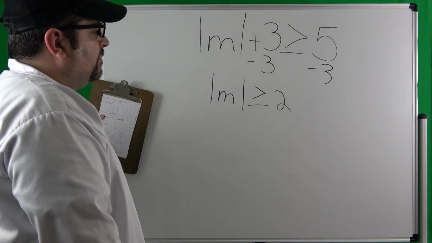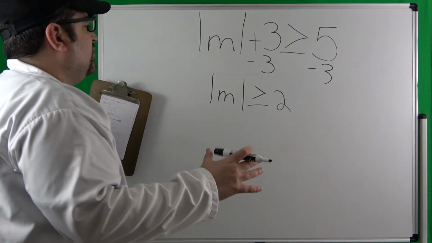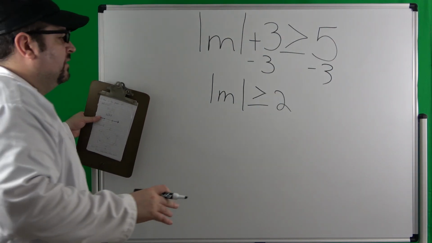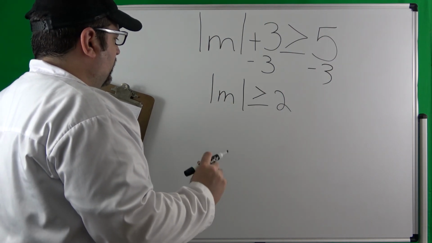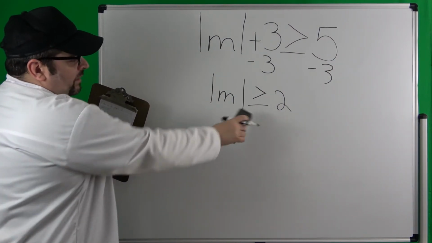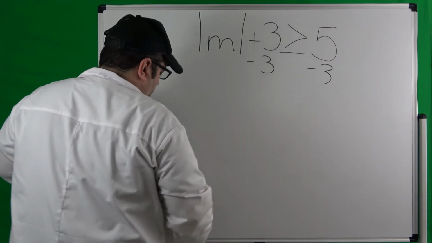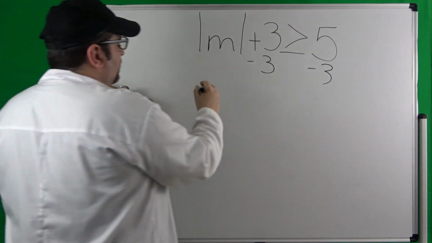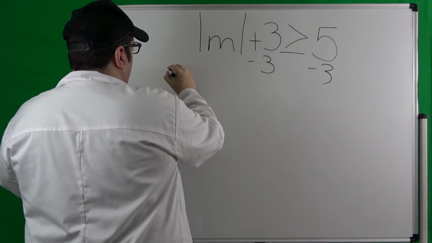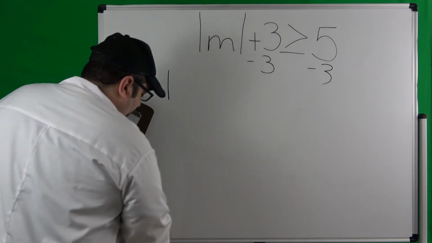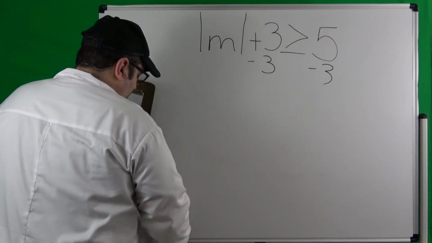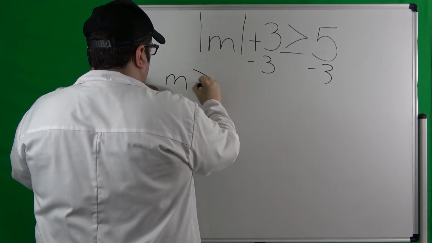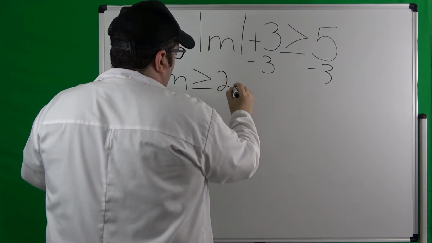All right, now here's the part most people forget. What you want to do is make 2 separate inequalities. On one side, you're going to drop the absolute value and just keep the rest the same. You're going to have m greater than or equal to 2. That's the same.